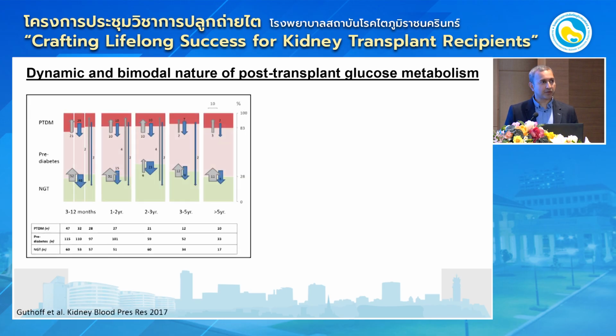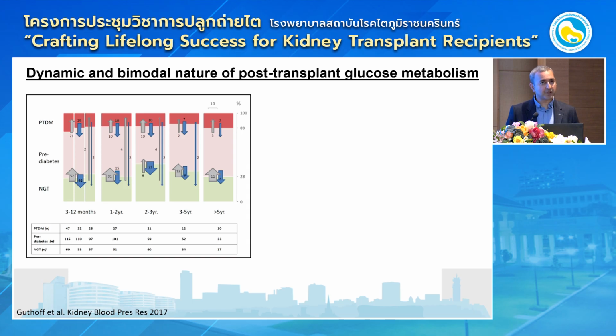The important things to remember are, firstly, it's a very dynamic condition, especially in the very early period after transplantation. People can go from normal glucose tolerance to pre-diabetes to diabetes very quickly. That's one of the reasons we've recommended in the guidelines that we avoid labeling a patient with diabetes in the early weeks after transplantation.